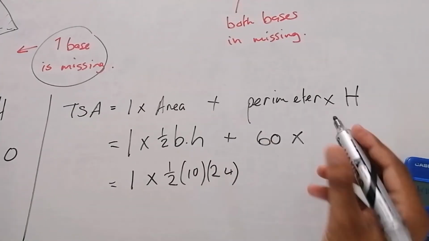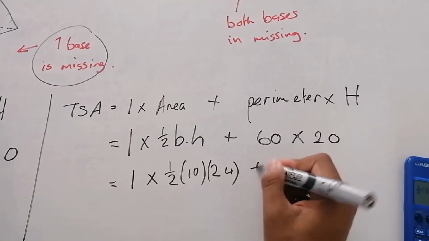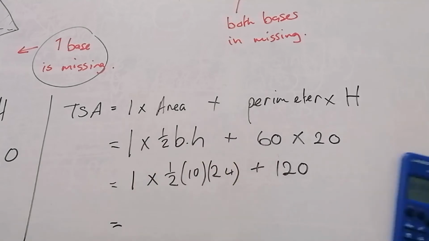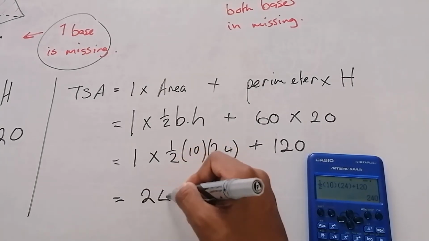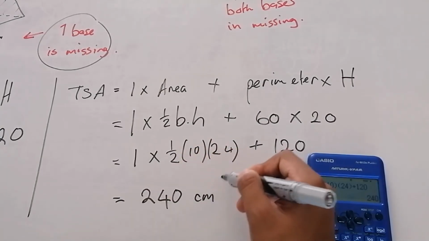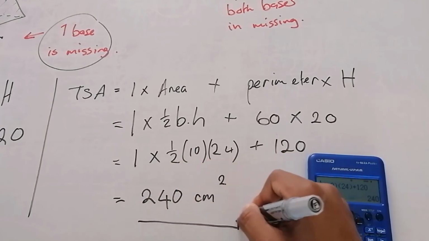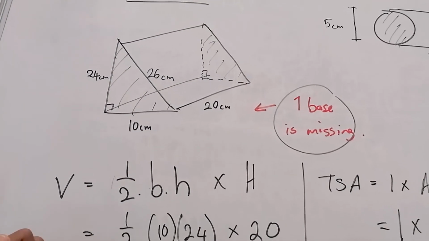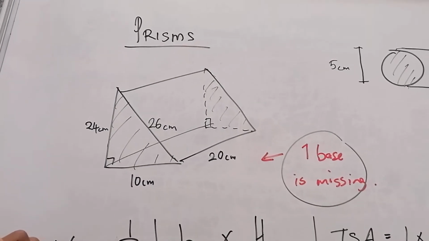And so we multiply it by that. And then we get 1,200. Okay, so now we can just add this all up. And so the answer is 1,320 centimeters squared. Remember, this is area still, so we say centimeters squared. Okay, that's how you work out the volume and total surface area of the triangular prism.